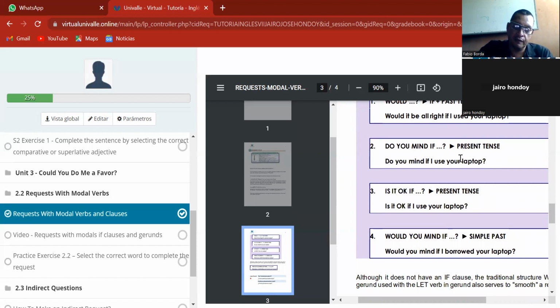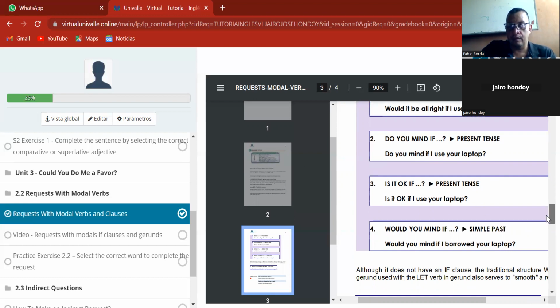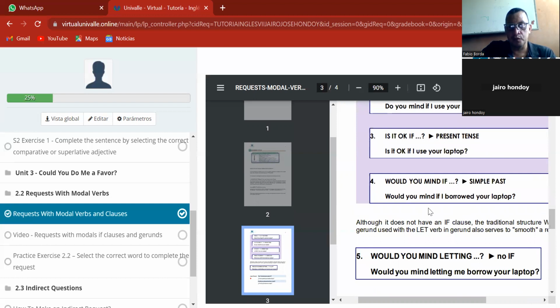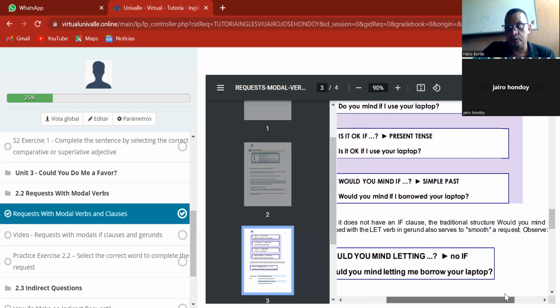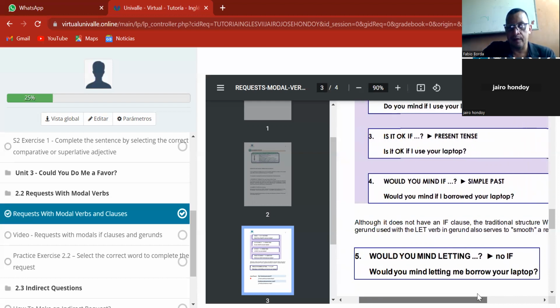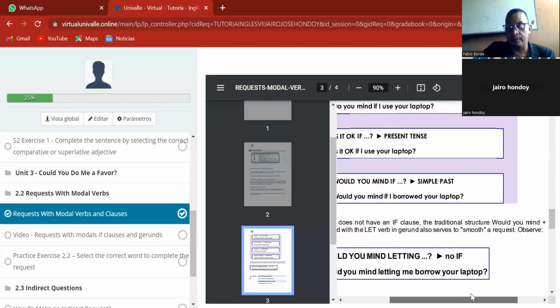Do you mind if, in present tense: Do you mind if I use your laptop? Is it okay if, present tense: Is it okay if I use your laptop? Would you mind if, simple past: Would you mind if I borrow your laptop? Although it does not have an if clause, the traditional structure would you mind plus gerund also serves to smooth a request.